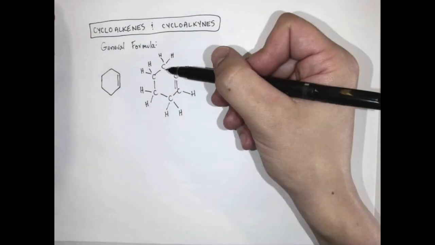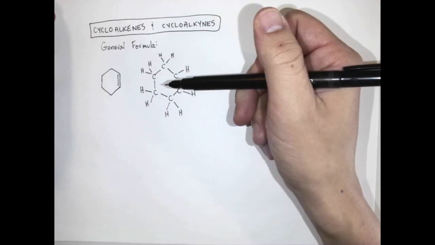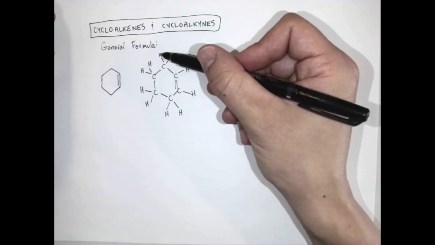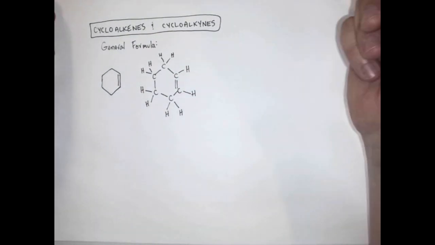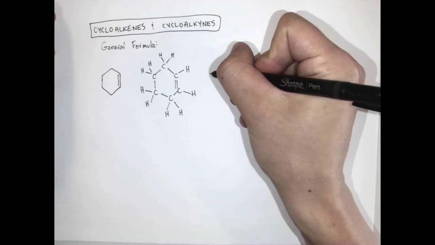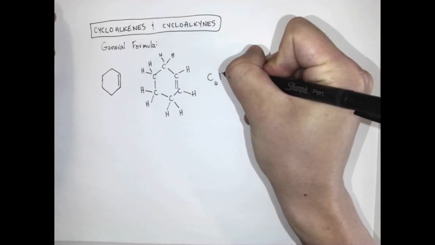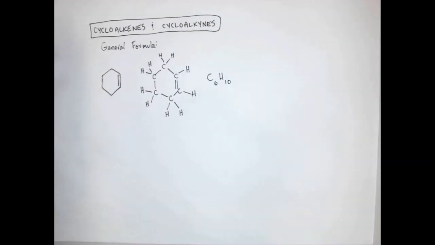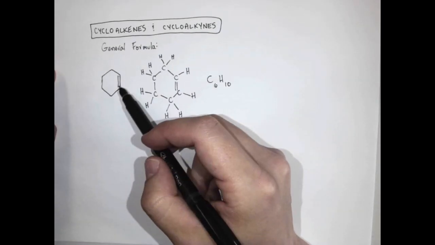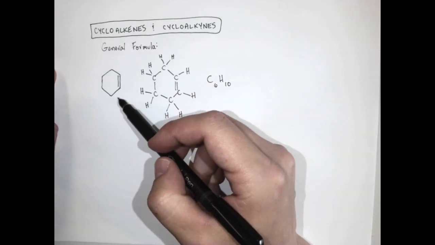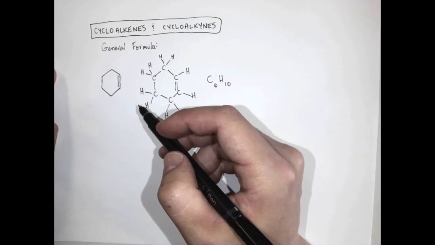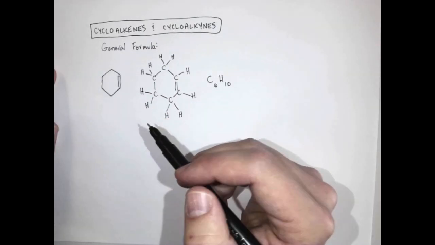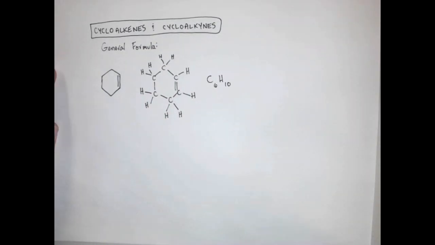The result now is that we have a 6-membered carbon ring that has 1, 2, 3, 4, 5, 6, 7, 8, 9, 10 hydrogens. So this would be C6H10. And you can imagine if you were to draw carbon rings of 4, 5, 6, and 7, maybe even 8, you could keep going.